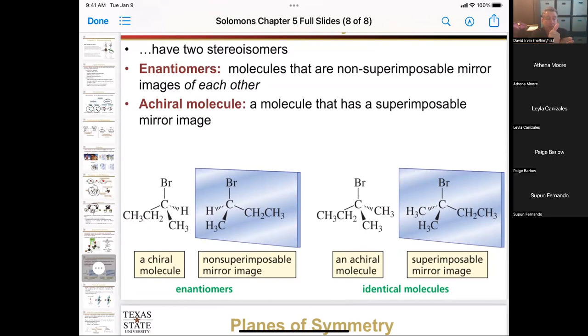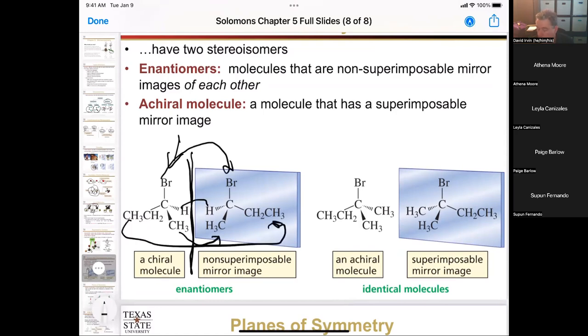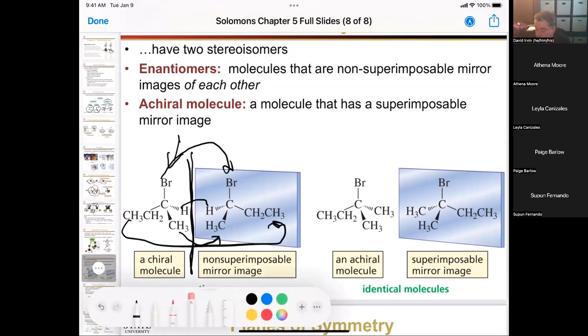If you can't overlap them, they are chiral. Okay, so let's look at this compound here. And again, what we're going to do is draw a mirror here. We're going to say, okay, the hydrogen's back, the methyl group's forward, the bromine's pointing up, and the ethyl group's here. Okay, so now we have a mirror image, but are they superimposable?